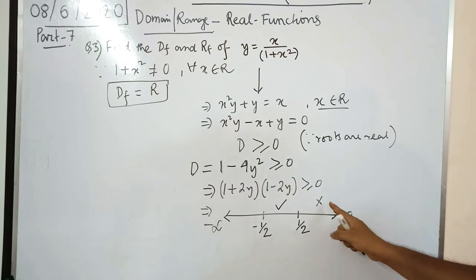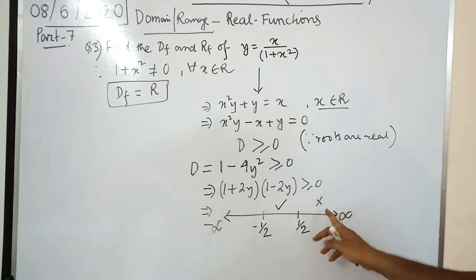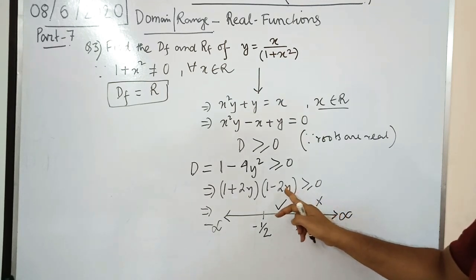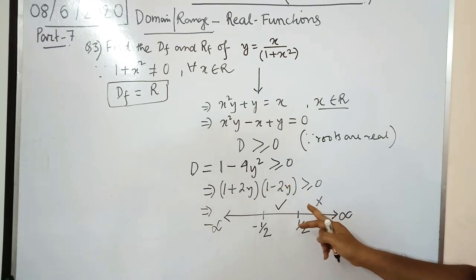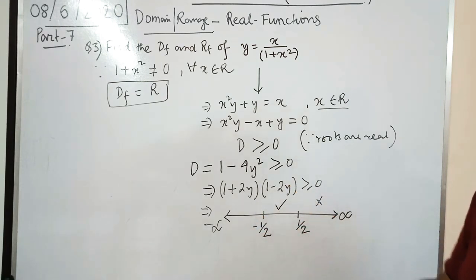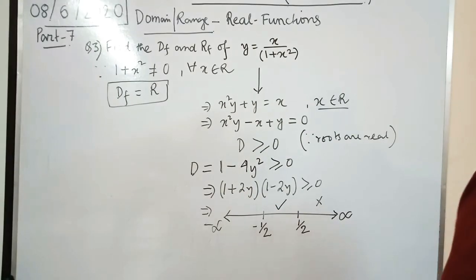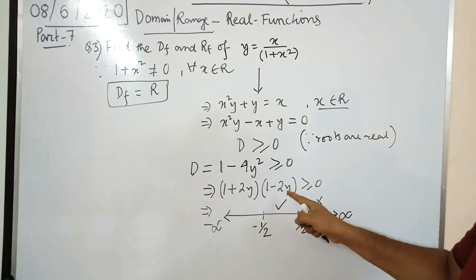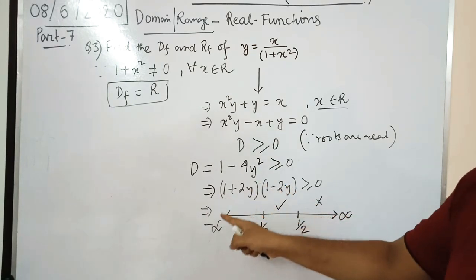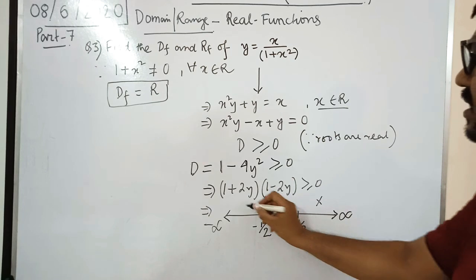Understand this, I am taking any random value from this interval and putting it here for y. Say below minus half you can choose any value, say minus 10. If you put minus 10 in place of y, then you will get a negative here, but you will get a positive here. That means the product will be negative. So this is not taken.